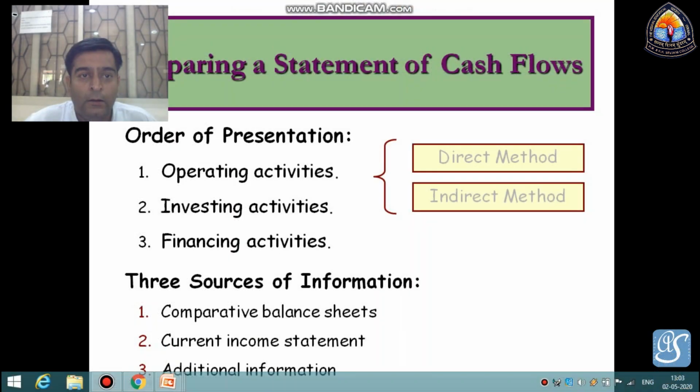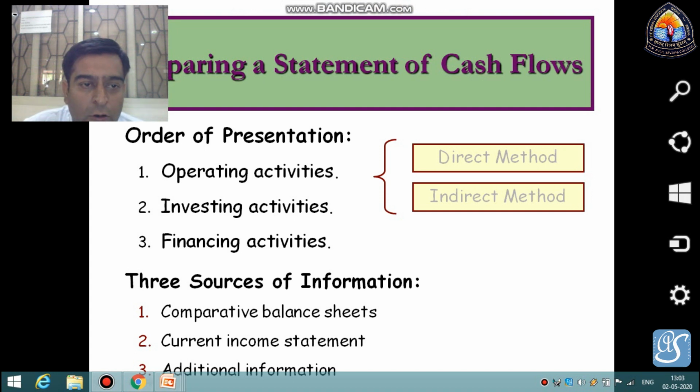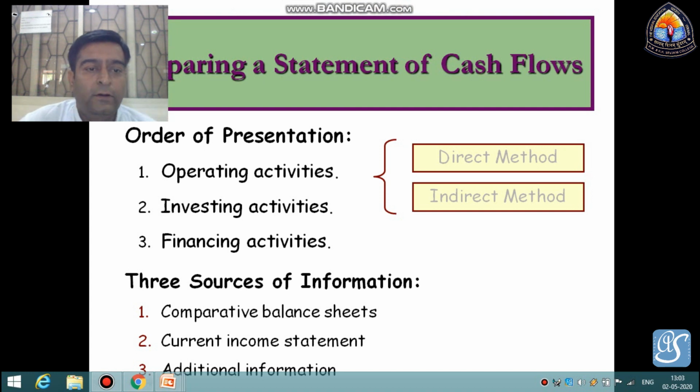Now see, these are for preparing a statement of cash flow. Order of presentation: first A, operating activities, B, investment activity, and C, financial activity. These are the three basic sources of information necessary to prepare the cash flow statement: comparative balance sheet, current income statement, and additional information.